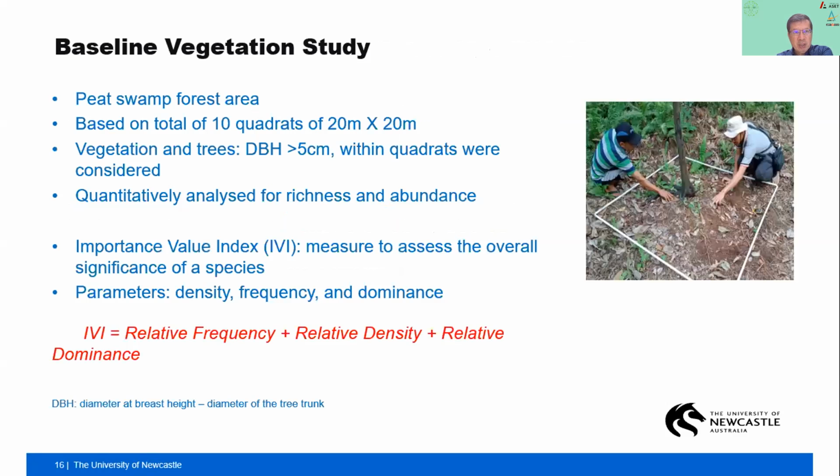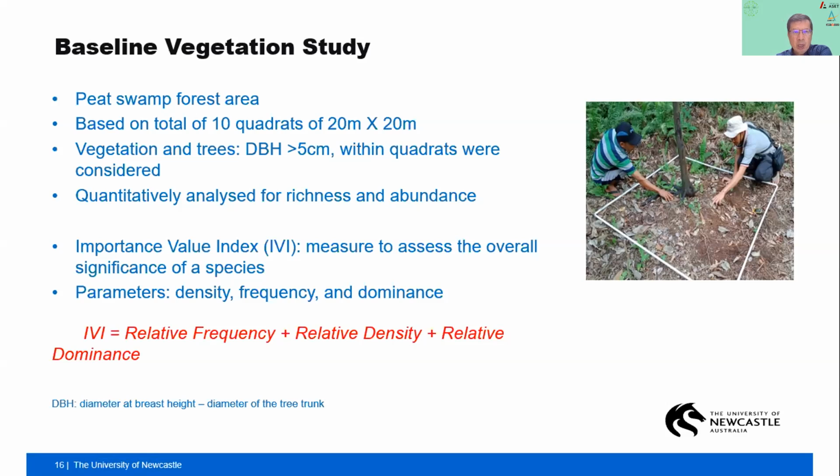We'll look at some pictures. So the baseline vegetation study is where the question is, what kind of peatland forest species are we going to bring into this degraded peatlands in Sungai Tohor? So in an adjacent swamp forest, we took a survey of the background vegetation.